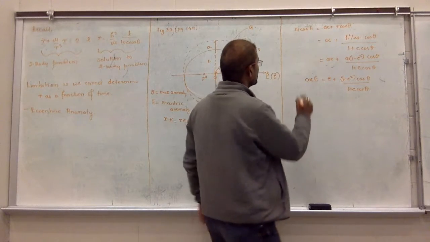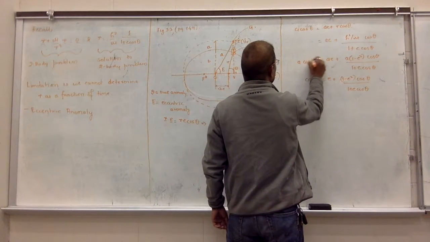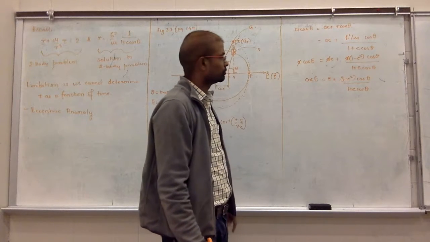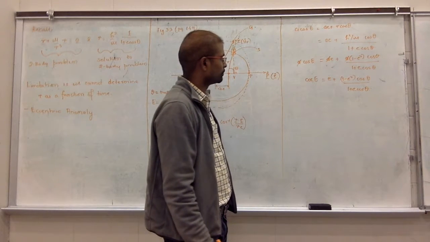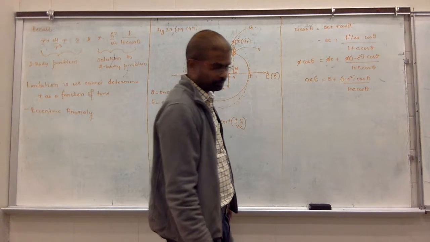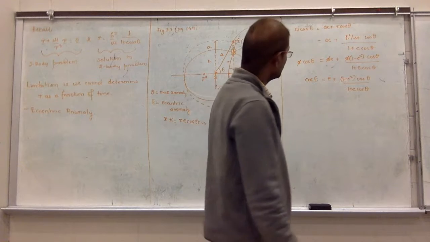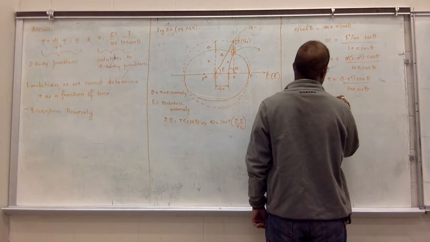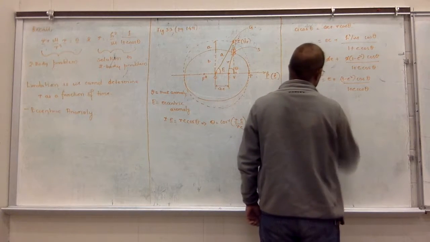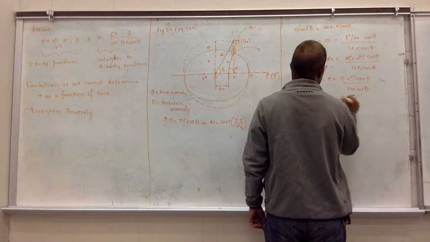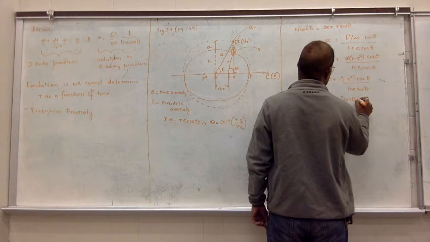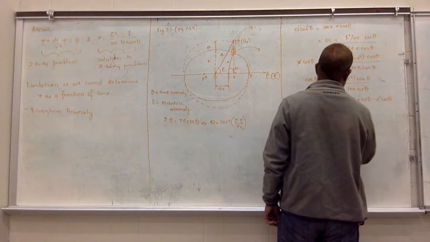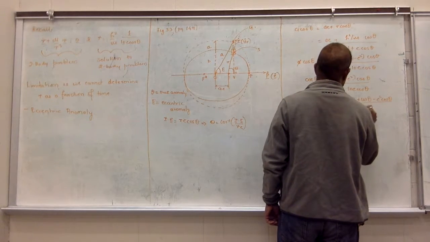What did I do here? If you write this again here, you divide by A. Here this is E plus E squared cosine theta plus cosine theta minus E squared cosine theta, divided by 1 plus E cosine theta.